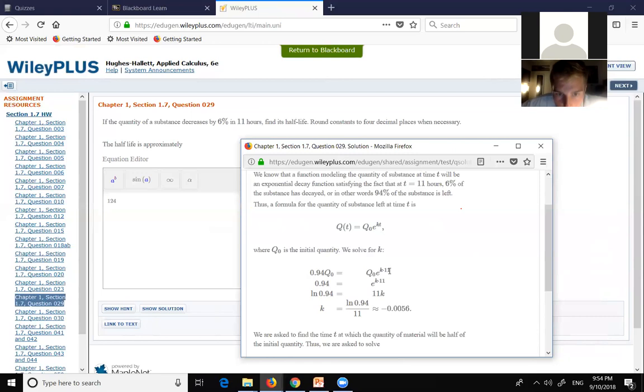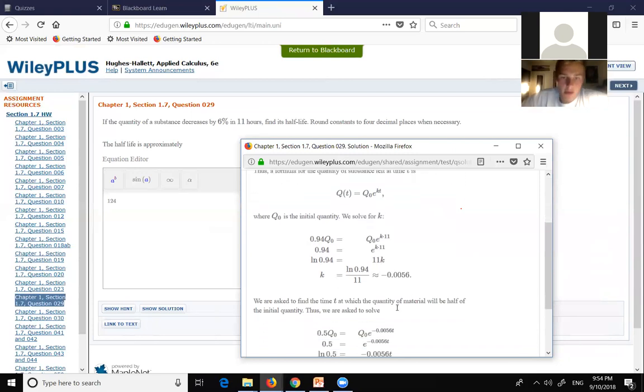Now Q naught is on both sides, so you can cancel it by dividing by Q naught on both sides. You end up with 0.94 equals e to the k times 11. Then solve for k by taking the ln on both sides and dividing by 11. Okay, so k should be this number here.